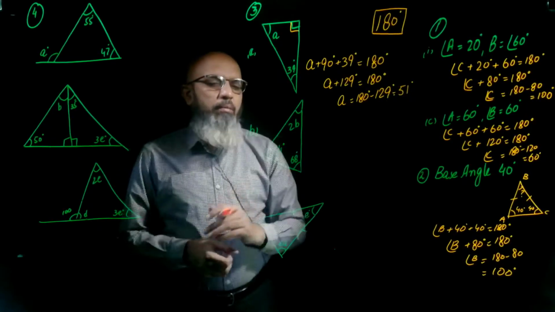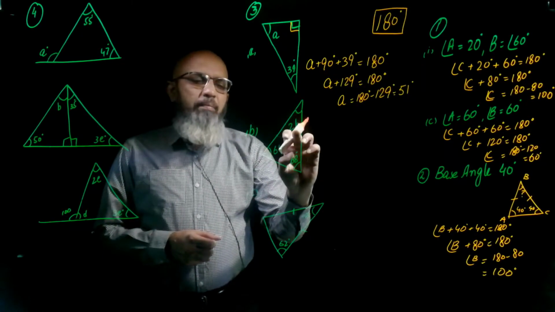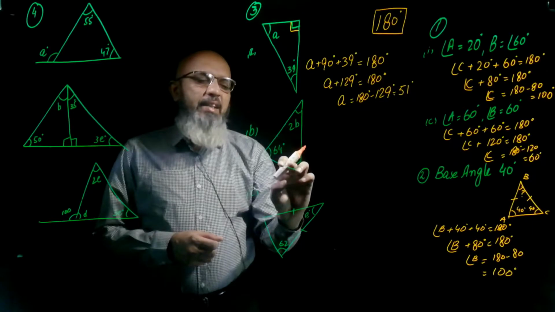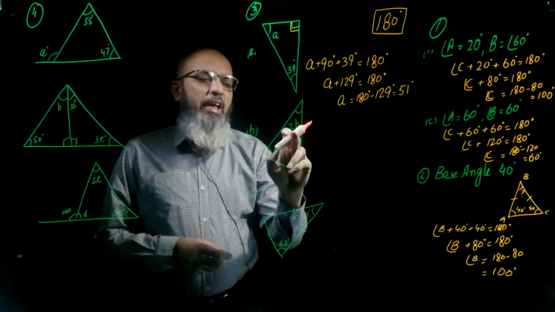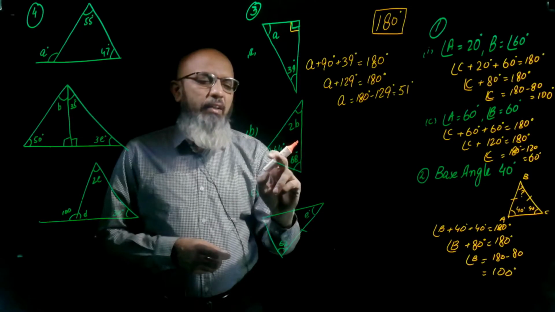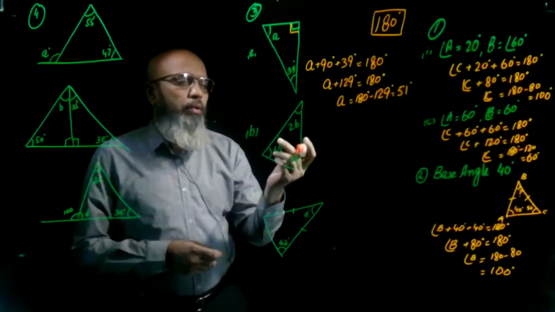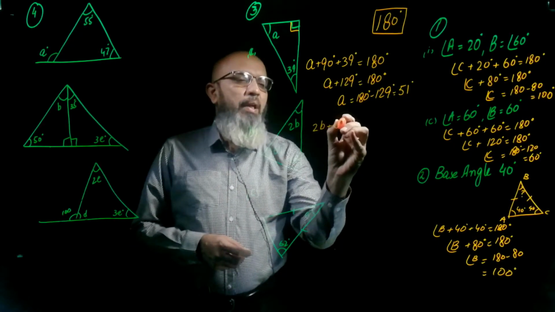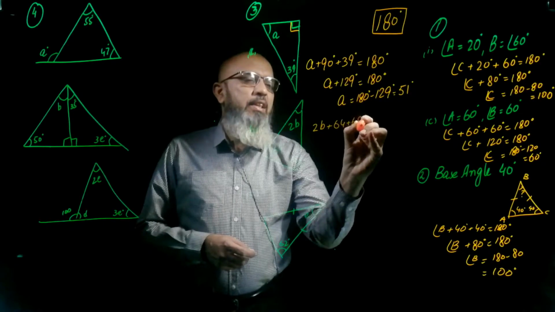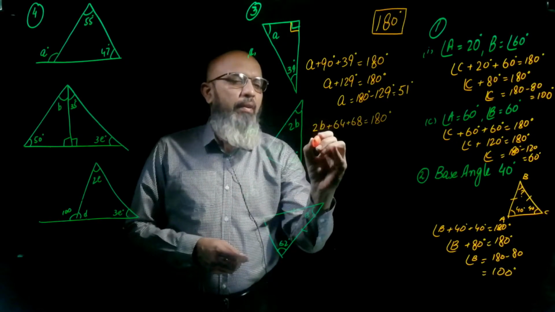Okay, so now come to this triangle. 2B is given to you and 64 and 68 are given to you, right? So it means the unknown angle is 2B and the two known angles are 64 and 68. So what will be the equation? Your equation is 2B plus 64 plus 68 is equal to 180 degrees, right?